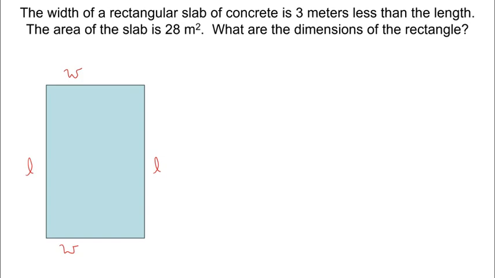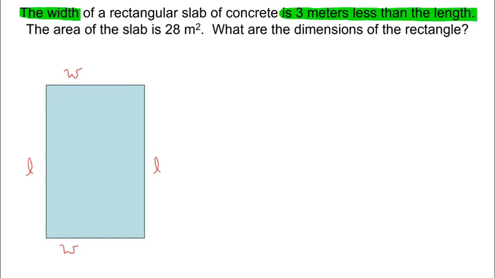The first sentence contains the information that we need to do that. It says the width of the rectangular slab of concrete is, that means the width is equal to 3 meters less than the length.